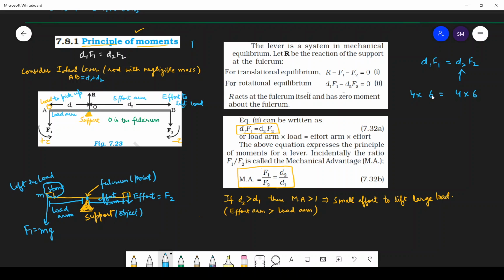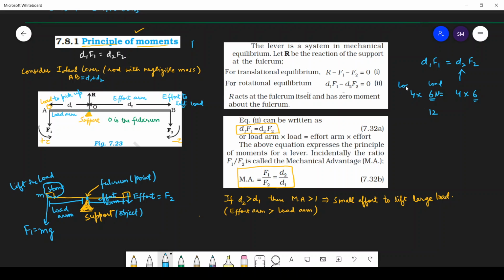And suppose now I want a heavier stone. So I want a 12 kg stone, which means 12 Newton of force. So instead of 6 Newton, this is your load side.